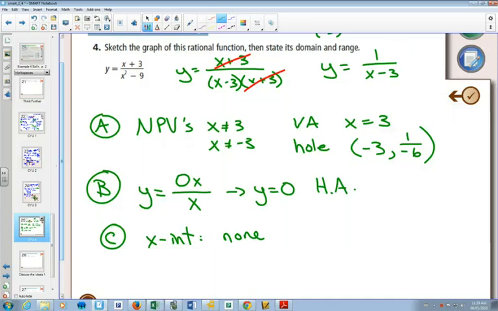Our y-intercept is when we plug in 0 for x. And again, you can do that either in the original or the simplified one. Probably best to look at the simplified one because it's going to be easier since it's already simplified. If I plug in 0 for x, can you see that our y-intercept is negative 1/3?